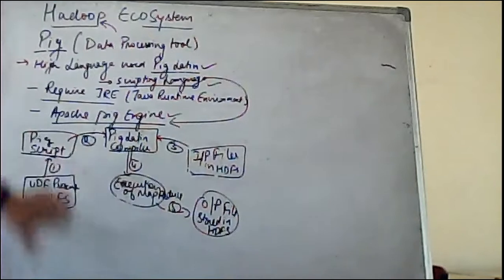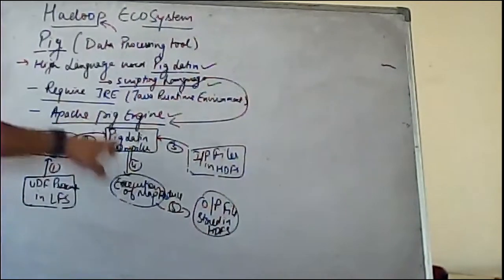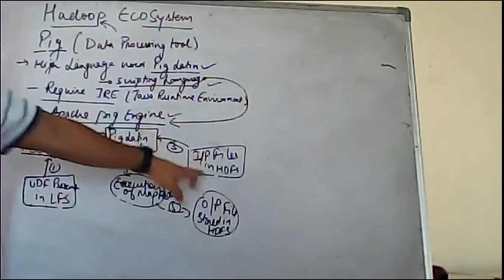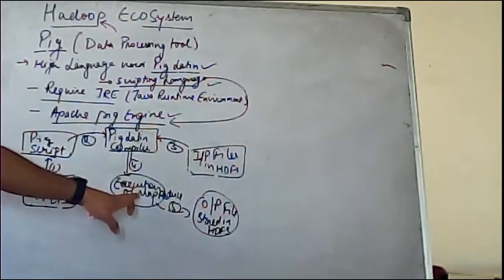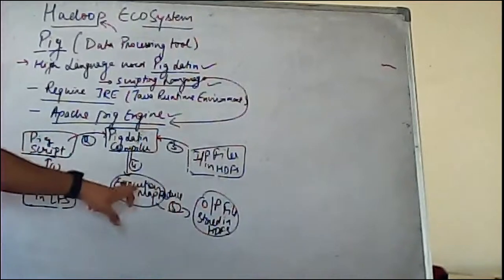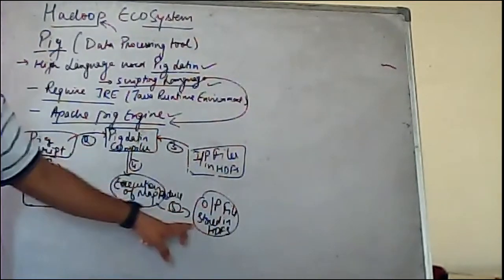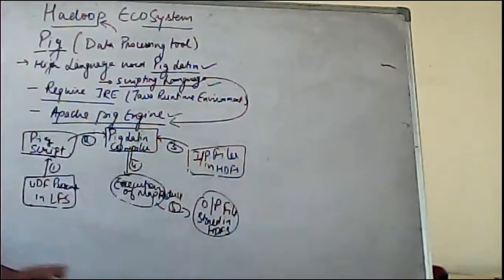After processing your complete data, accepting the scripts, compiling that script with your data, makes an execution, and this output is MapReduce. Again, a MapReduce function will be executed, and the output from the MapReduce is your output.